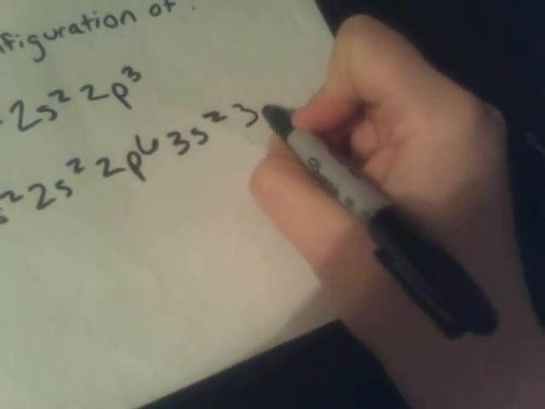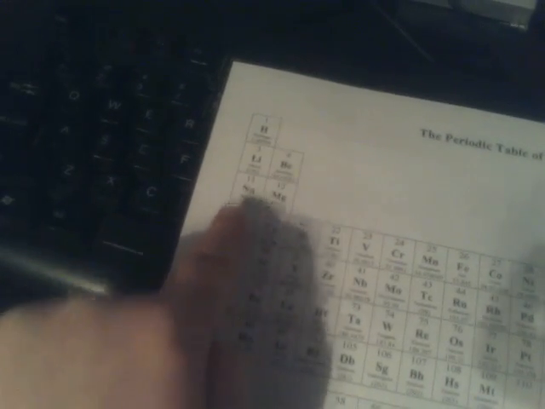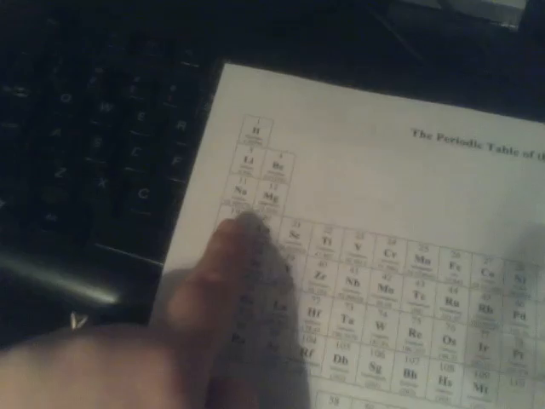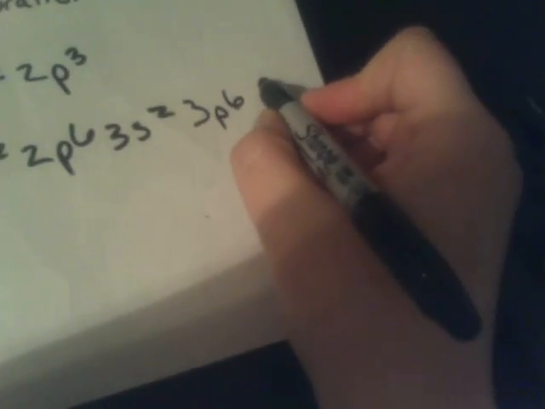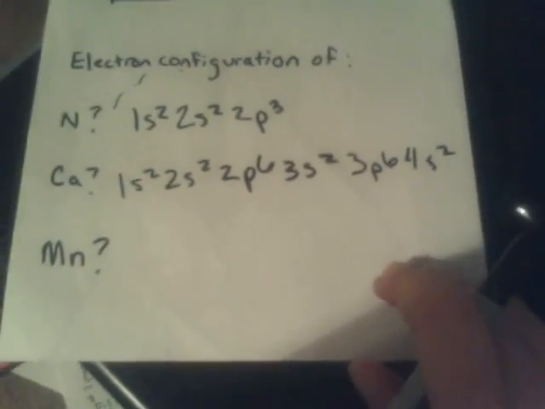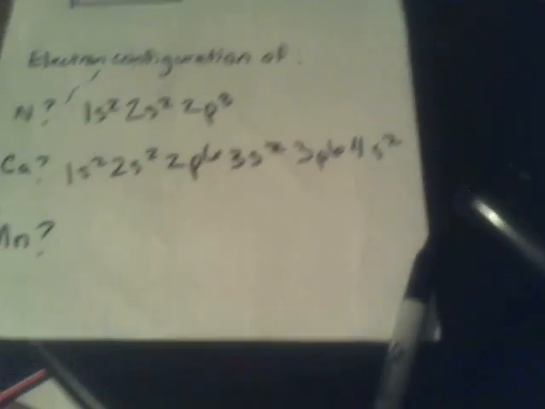Okay, so 3p6 brings us here to argon. Are we at calcium yet? Not just yet. So let's boogie on this way. And here we are at row 4, in block S. We need 1 and 2. 4s2. Okay, 4s2. So that is the electron configuration of calcium.